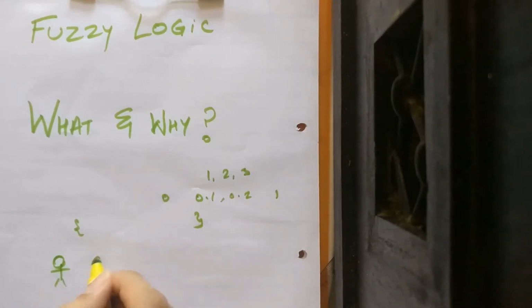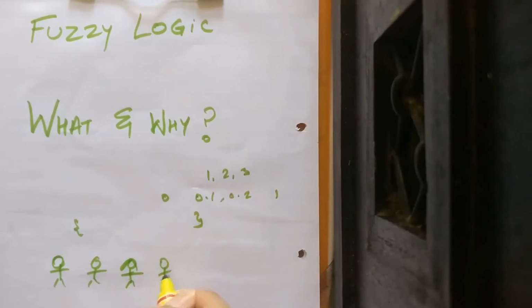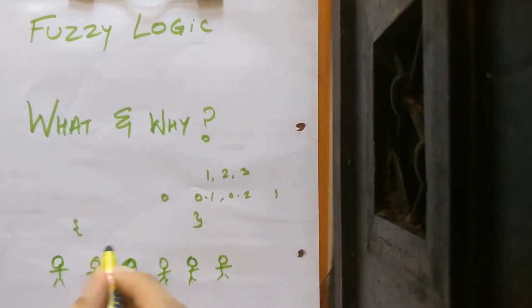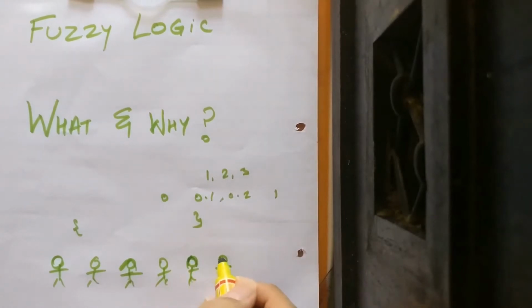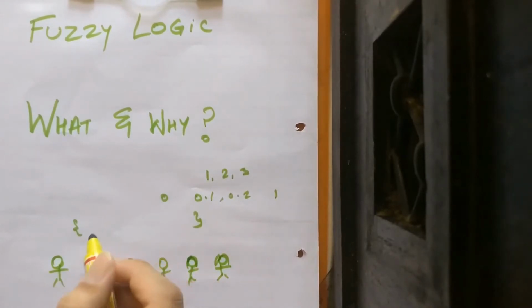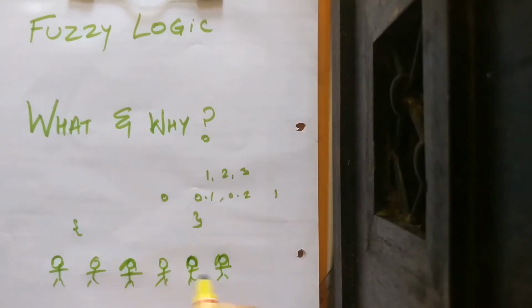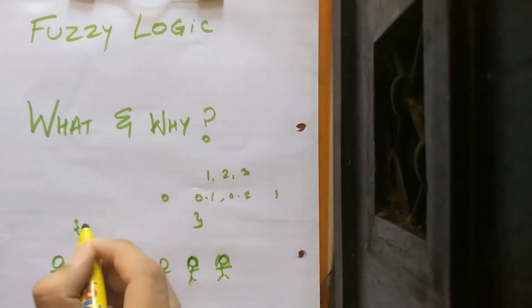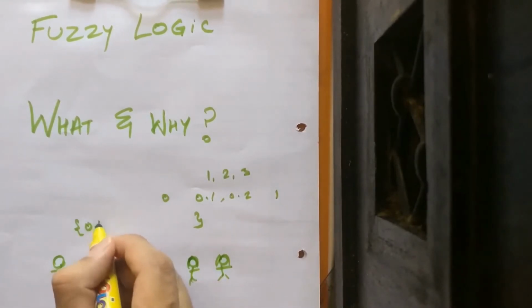Let's go 1, 2, 3, 4, 5, 6, 7. Now let's give all these a value. I'll explain what the values are in just a minute.